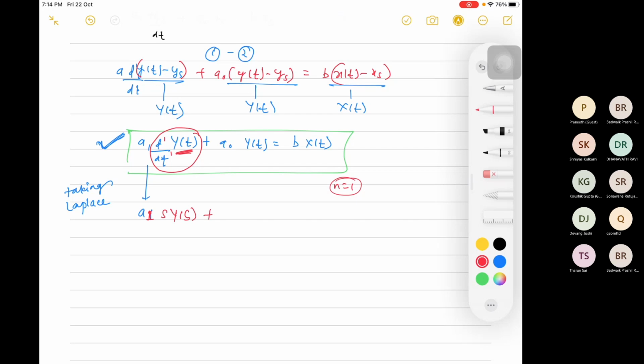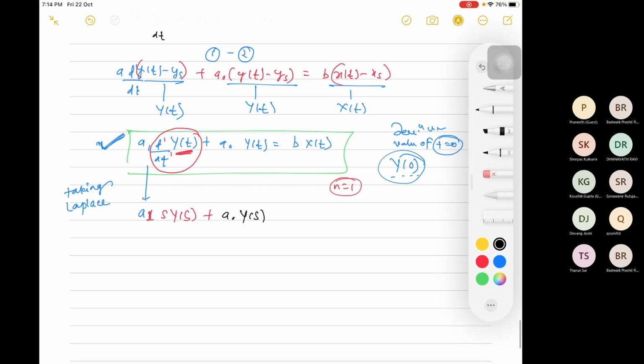Now the other terms are 0, because while telling you the Laplace of a differential term, I told you there will be y of 0 terms. The value of the deviation variable at time t equal to 0 is always equal to 0, so the other term will get cancelled. This will remain: a naught Y of s is equal to b into X of s.